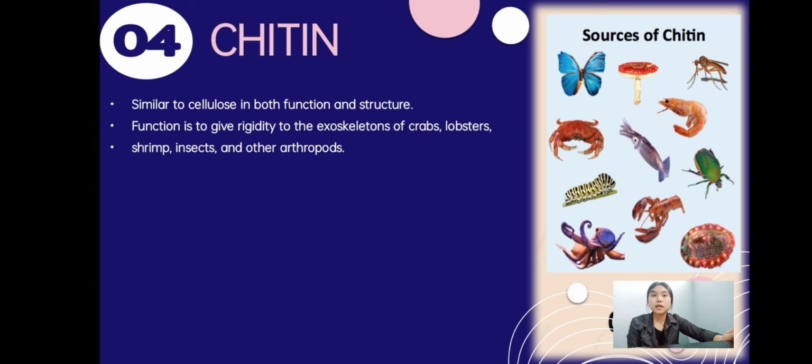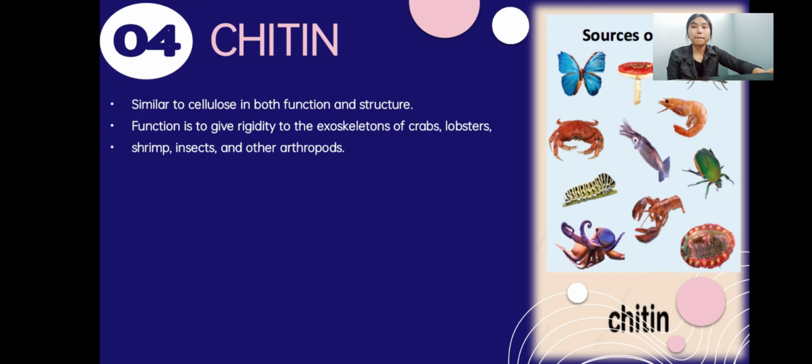It is also synthesized by at least some fish and amphibians. Chitin is similar to cellulose in both function and structure, but its function is to give rigidity to the exoskeletons of crabs, lobsters, and other sources of chitin.